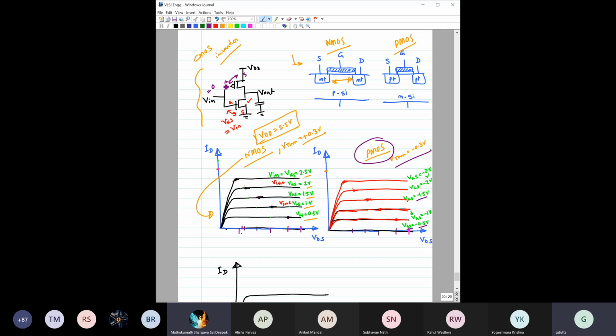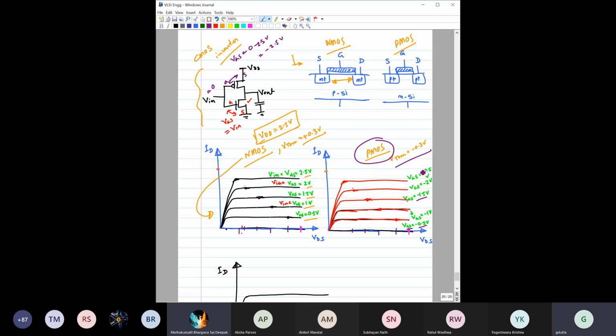So this is VGS, and VGS becomes 0 minus 2.5 volt, that is minus 2.5 volt. That's how we are getting minus 2.5, because it is VGS. Remember that S is already connected with VDD, which is equal to 2.5. So the gate becomes 0, and VGS becomes minus 2.5, right? Okay. Now here is the interesting part.